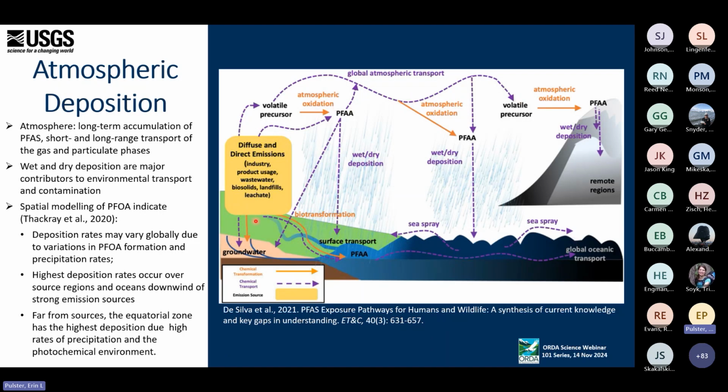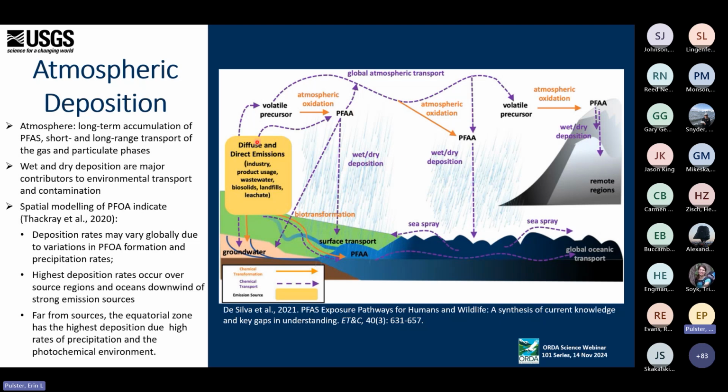So essentially, once it's emitted from industry or wastewater or landfills, however it gets into the atmosphere, you might have a volatile precursor that goes through processes such as oxidation that turns it into a terminal product or another mediator that ends in a terminal product like PFOS or PFOA.